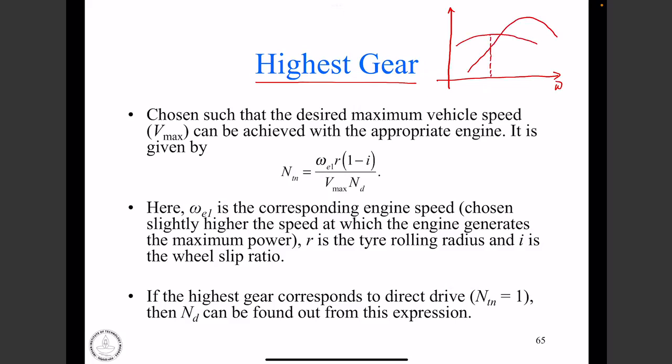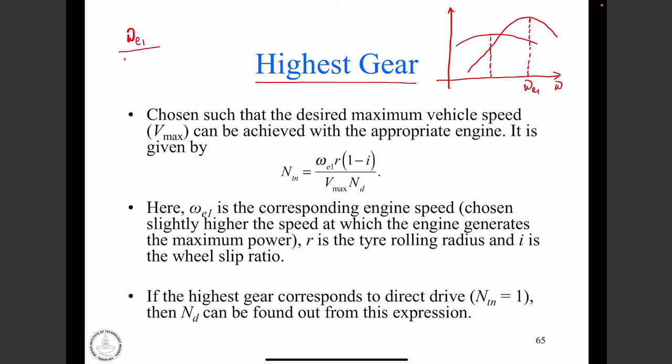Typically, we want to operate the vehicle at the highest speed when the engine is operating at the speed corresponding to the rated power or the maximum power of the engine. Okay, so let's say we denote that speed by omega E1, and we are operating the engine at omega E1. So what's going to happen?